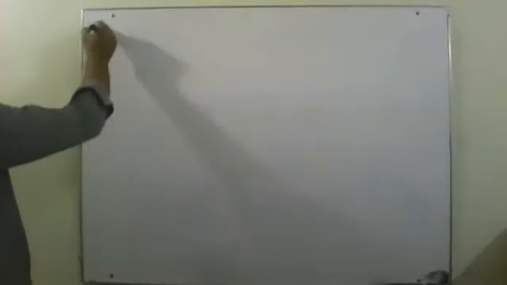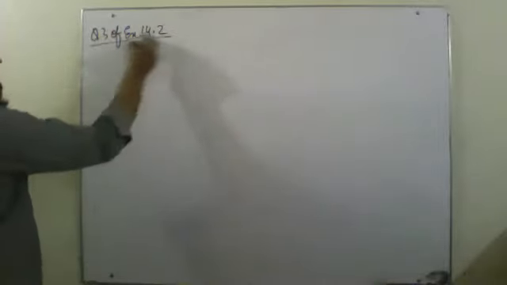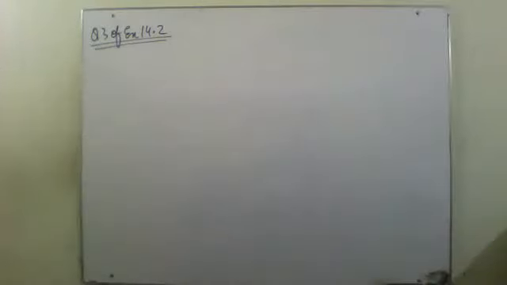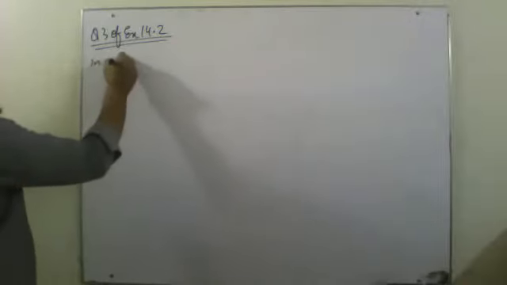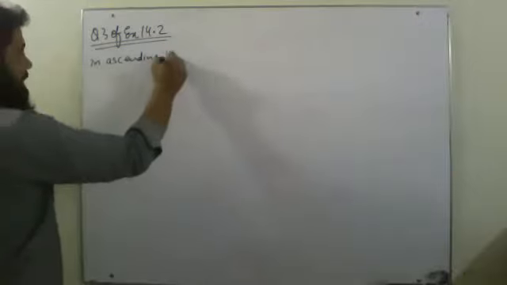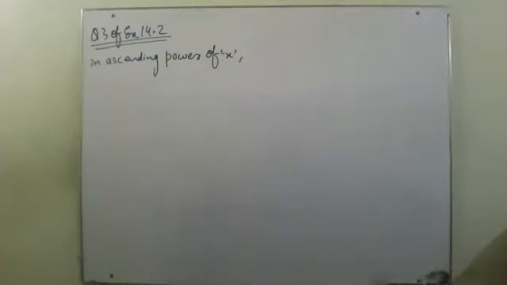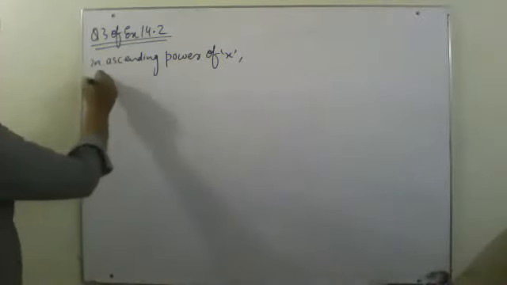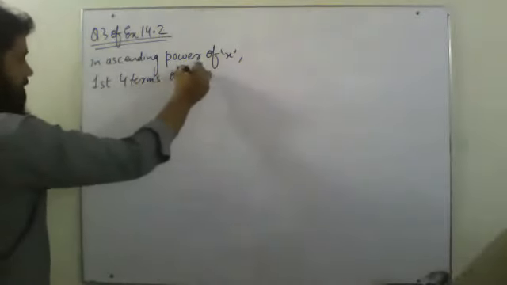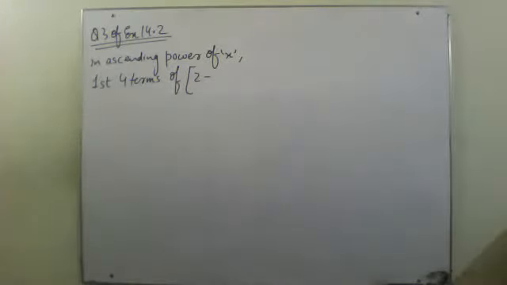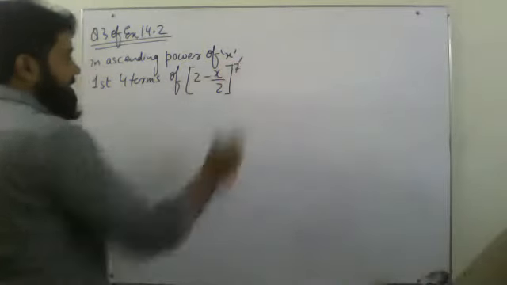Question number 3 of exercise 14.2. The question says: obtain, in ascending power of x, the first four terms of (2 minus x over 2) whole power 7.